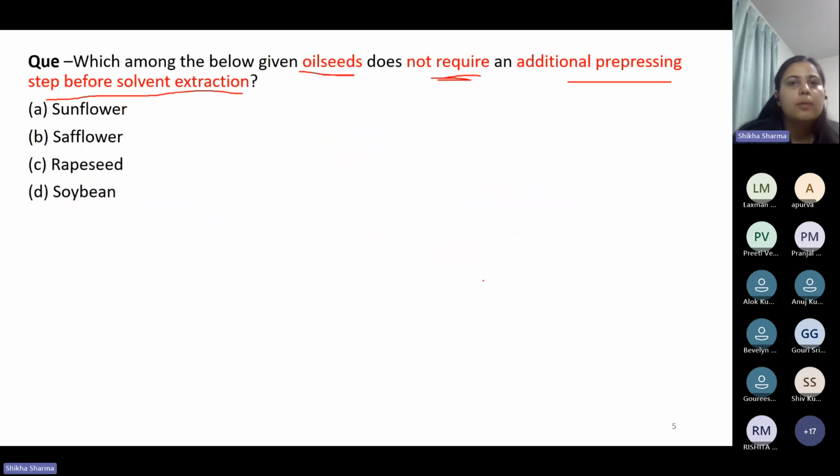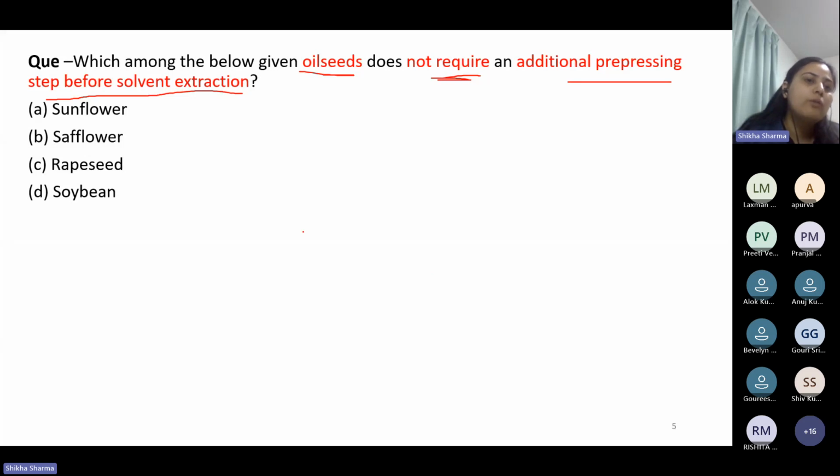So in these oil seeds, sometimes we use a pre-processing step. Pre-pressing step means we use first mechanical pressing and then the solvent extraction. Sometimes we use it and sometimes we do not for some kinds of oil seeds.